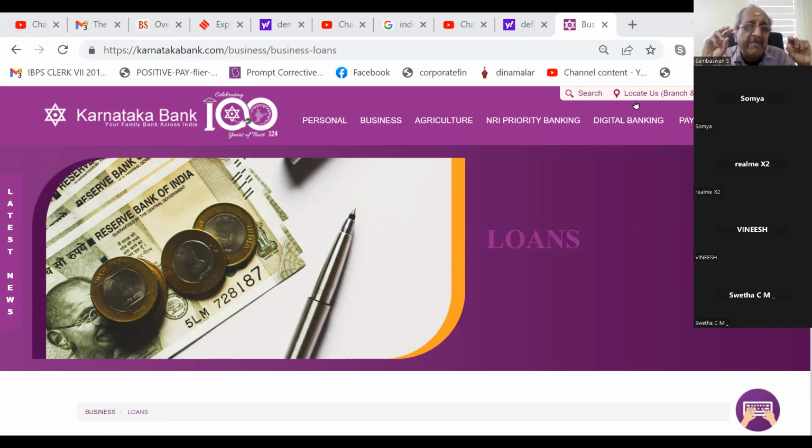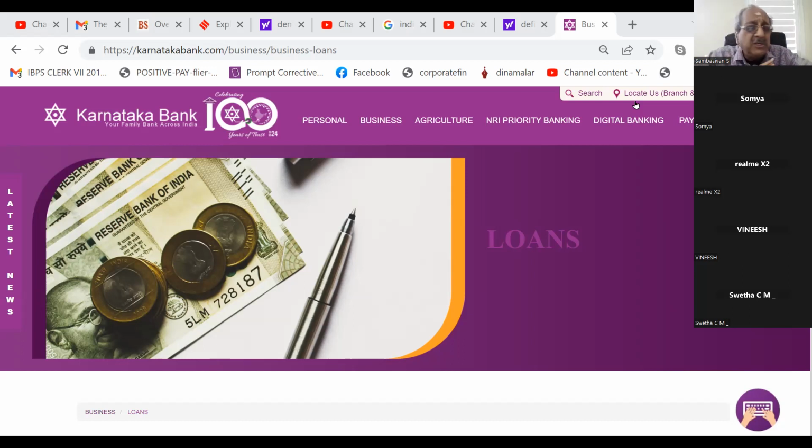Probably Karnataka Bank. Anybody has attended interview last time, Karnataka Bank? I think sometimes 2 or 3, I'm not sure about it. It is not like IBPS or Food Corporation of India or SIDBI where you have 5 or 6 people sitting. So that problem will not be there.